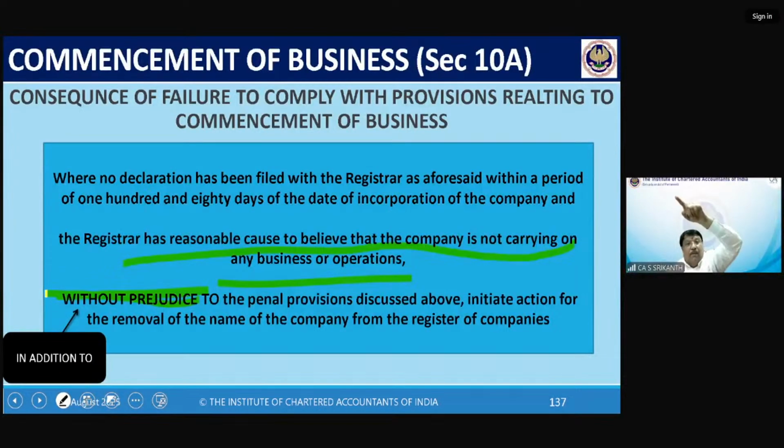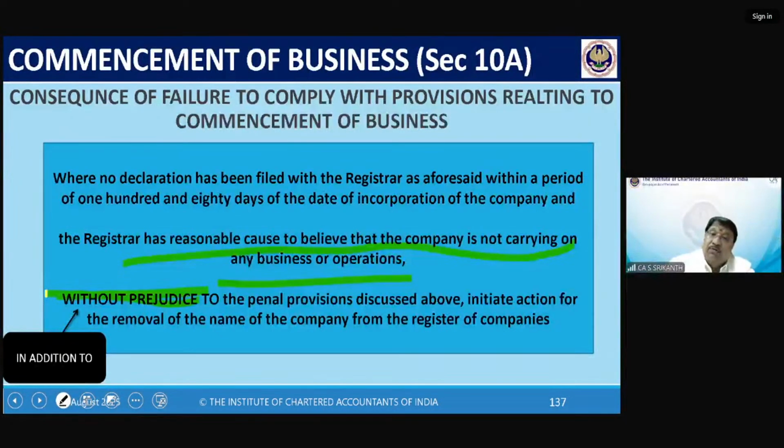Once it becomes a defunct company, then the striking off procedure is there, a separate procedure. But without prejudice, in addition to that procedure and to the penal provisions, they can also initiate action for removal of the name from the register. This is what happened in my case. That other company, Prometheus, was already defunct. They were not functioning, but their name was not removed from the register.